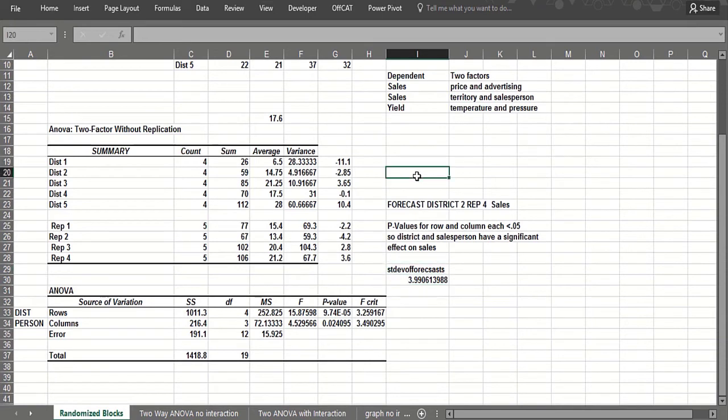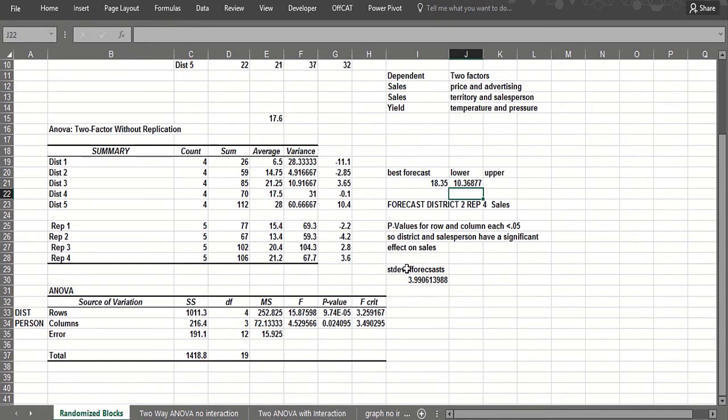Okay, so now your best forecast for District 2, Rep 4, is you'd start with the overall average. And then since it's District 2, you'd knock it down by 2.85. And at Sales Rep 4, you'd raise it by 3.6. So you would get 18.35. And then if you want a lower and upper limit, you would take 18.35 minus 2 times that 3.99.